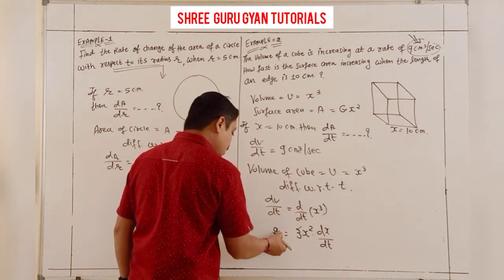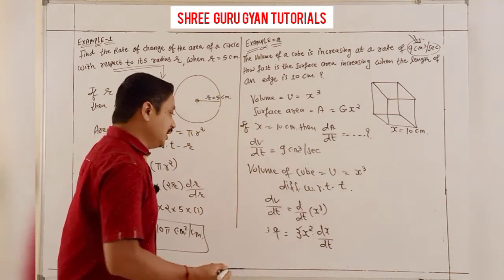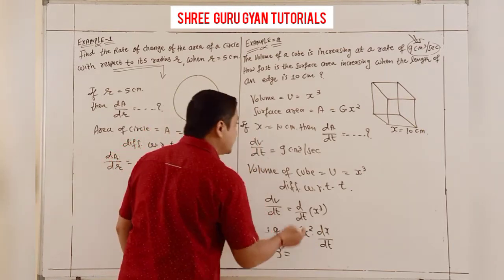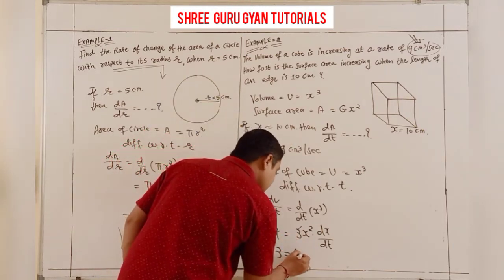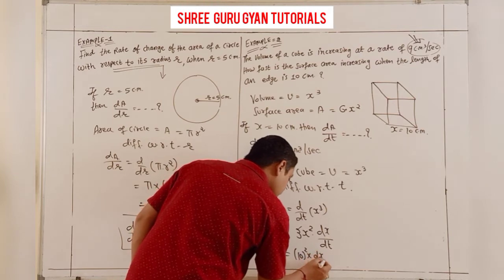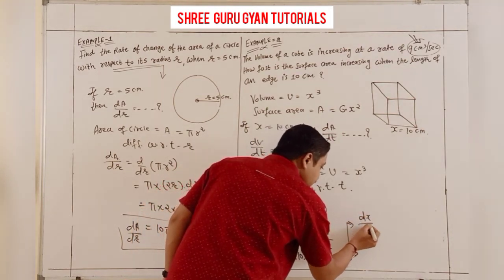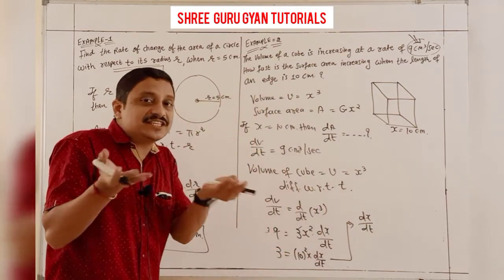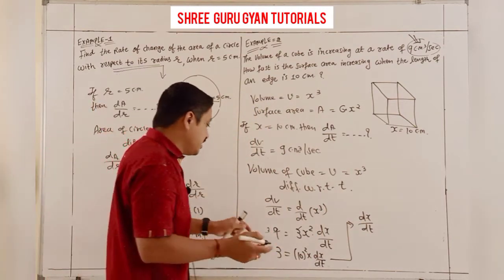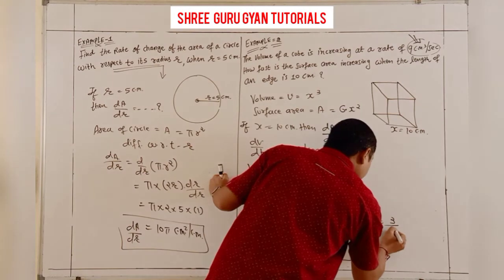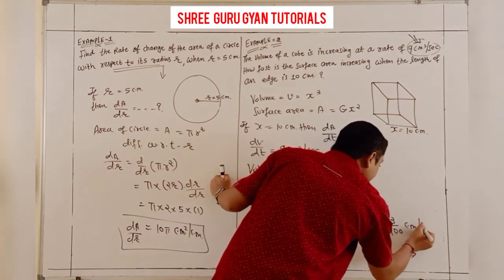Now the 3 are gone. I have only 3 times x square, what is x? 10, which is 10 square, dx by dt. So you can get dx by dt. It means the edge changes, the side changes with respect to time. It is 3 by 100 centimeter per second.